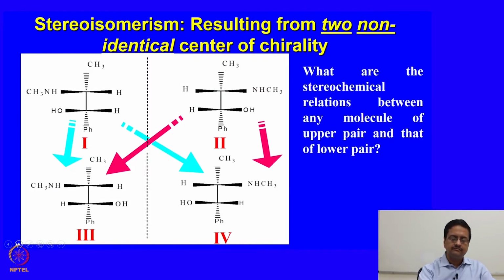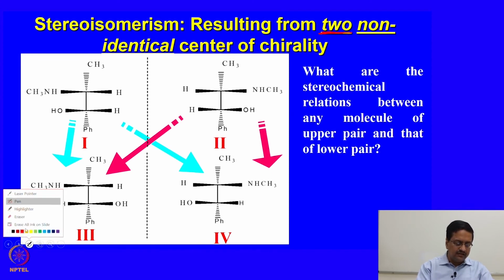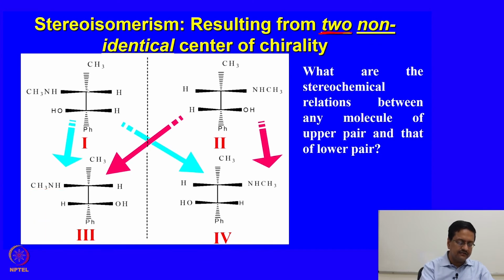So we have, in this case, two non-identical centers of chirality. The chiral centers are at these points. And these two chiral centers are not identical in the sense that the substituents are different at these two centers.